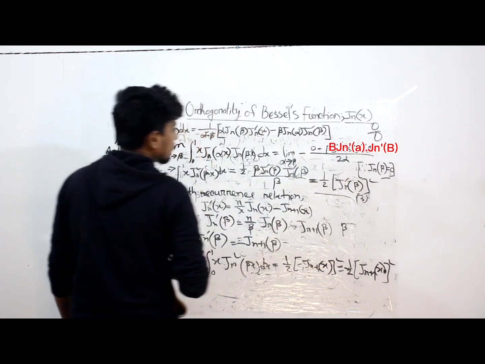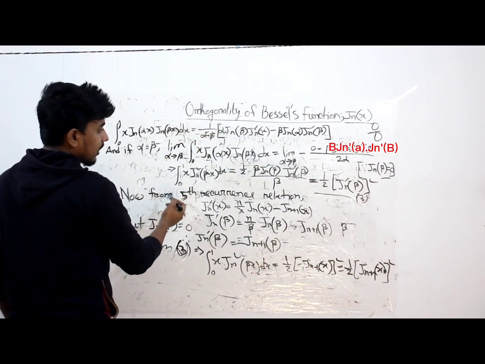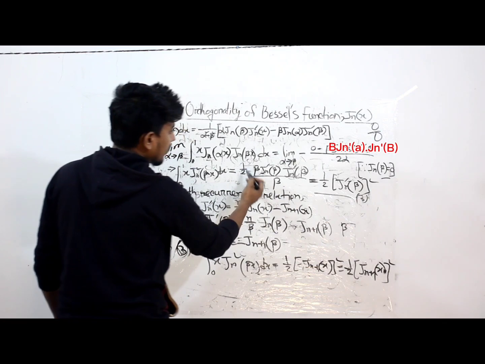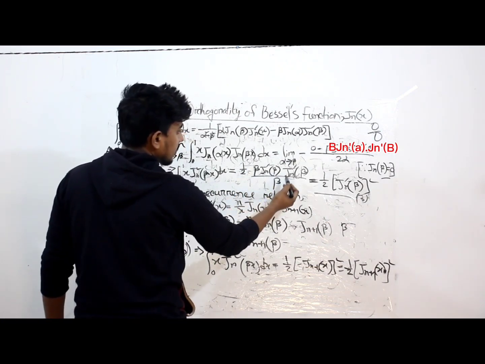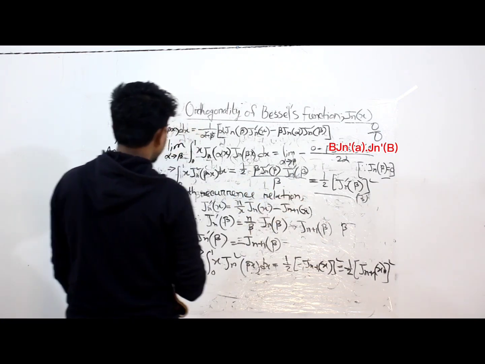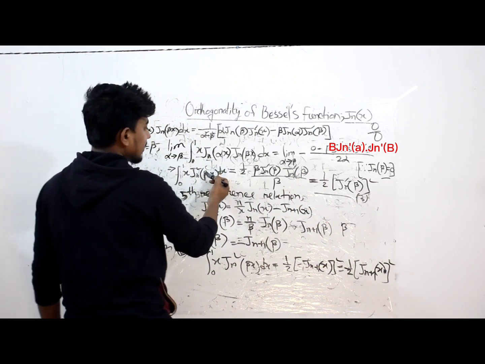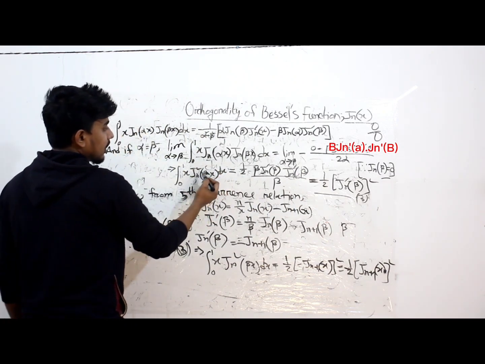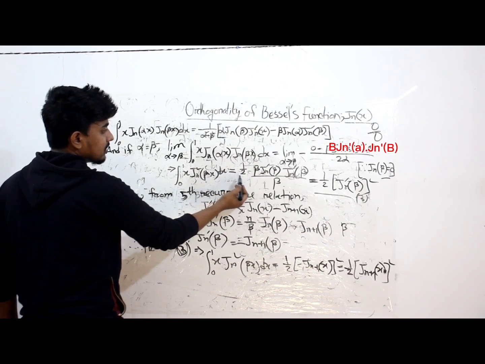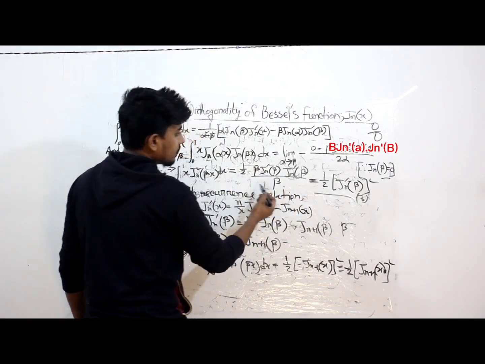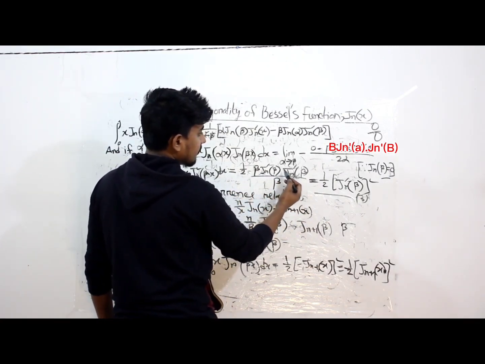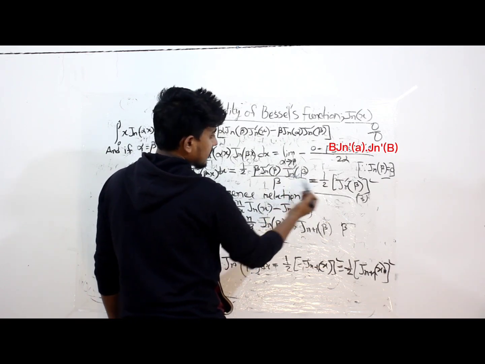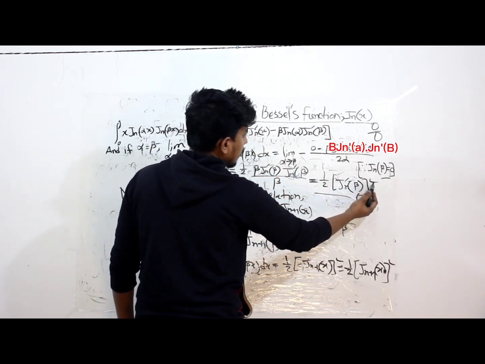Then we will have 1 by 2 beta Jn prime of beta by beta, with alpha equal to beta, so the integral of Jn square of beta x into x dx equals 1 by 2 Jn prime of beta whole square.